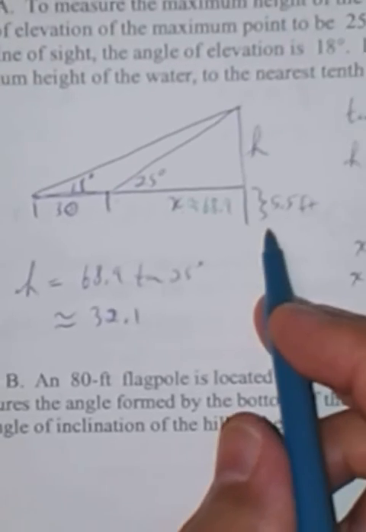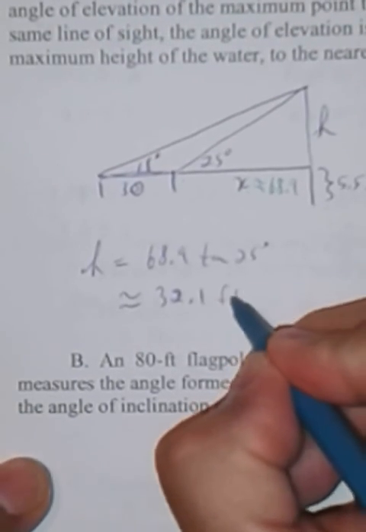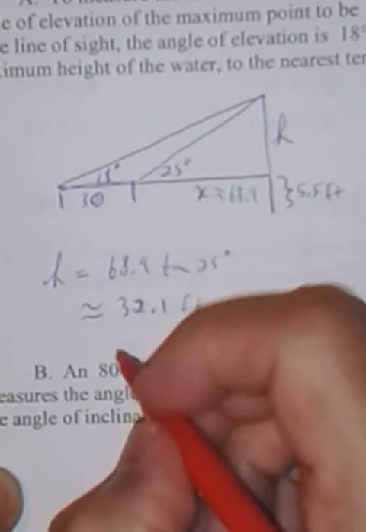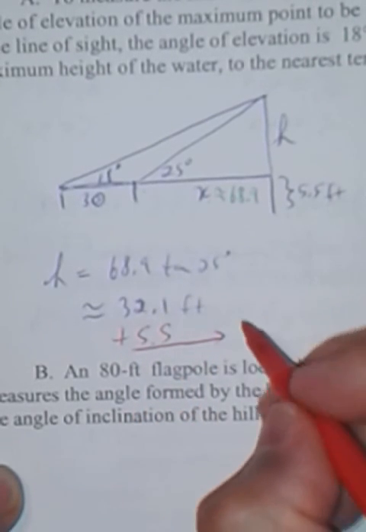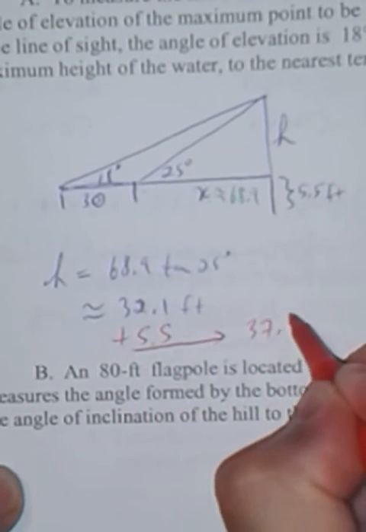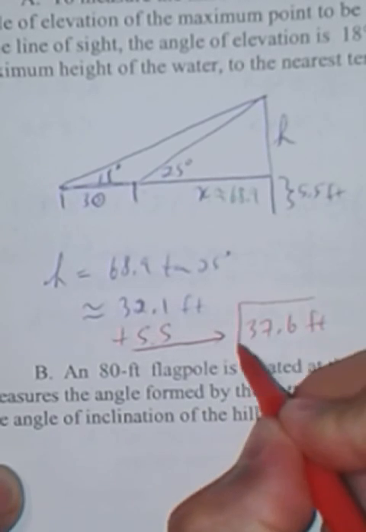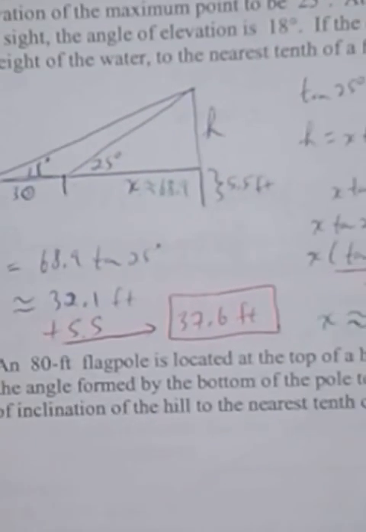And then we're going to add the 5.5. So it's 32.1 feet plus 5.5 is 37.6 feet. That'll be the height of the fountain.